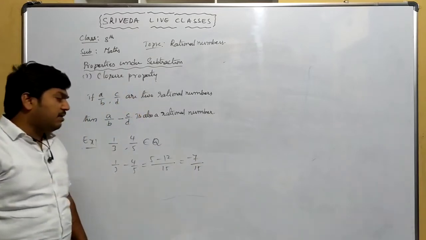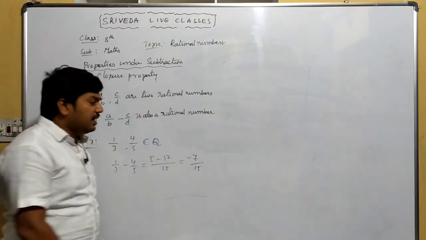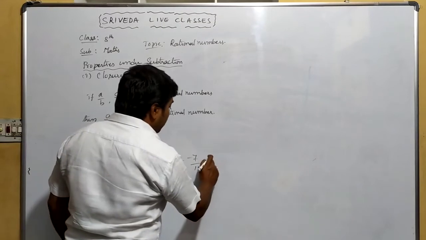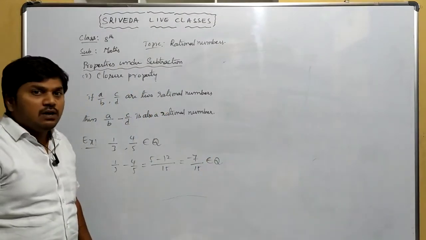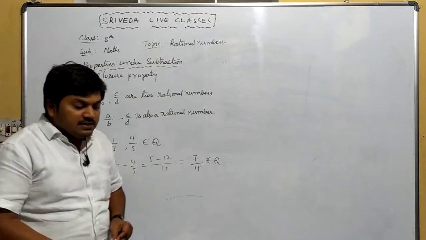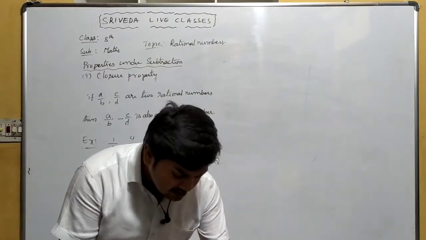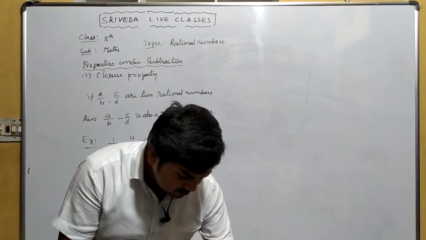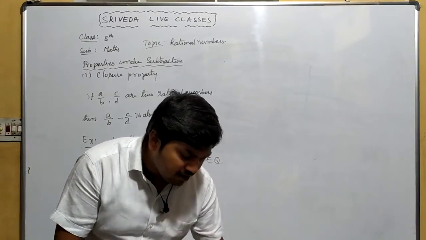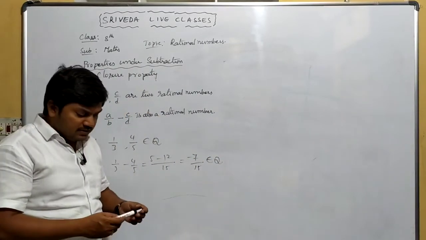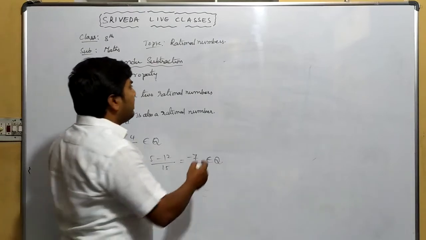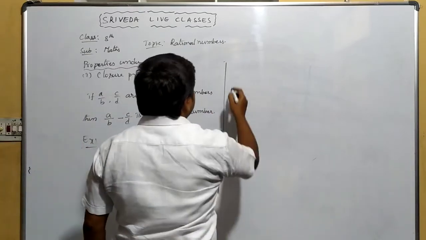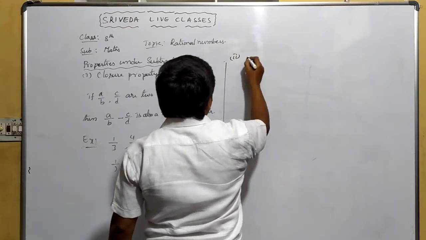Minus 7 by 15 is also a rational number. So it is called the closure property. The set of rational numbers satisfies the closure property under subtraction.